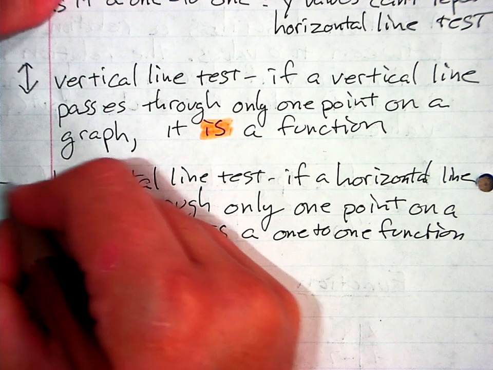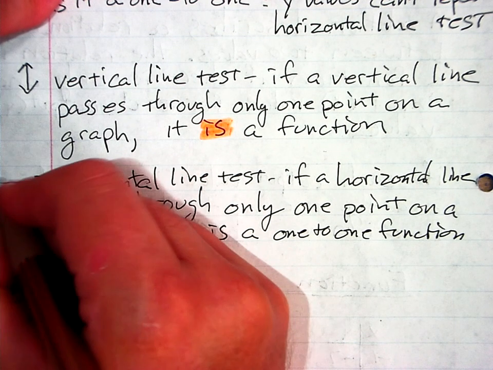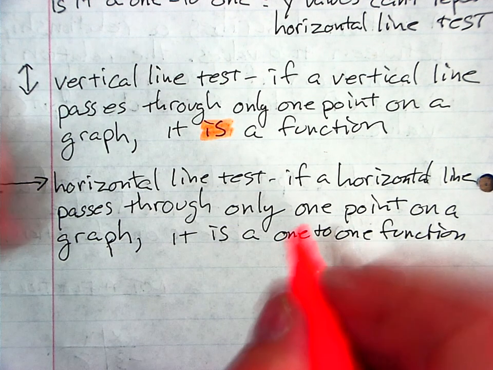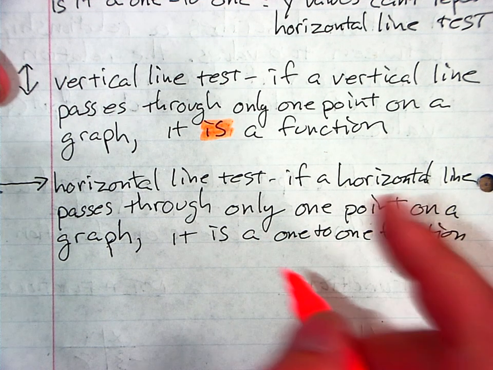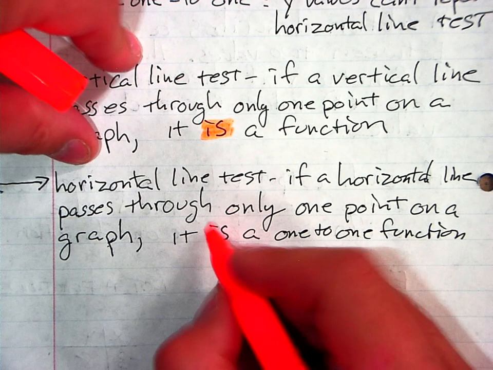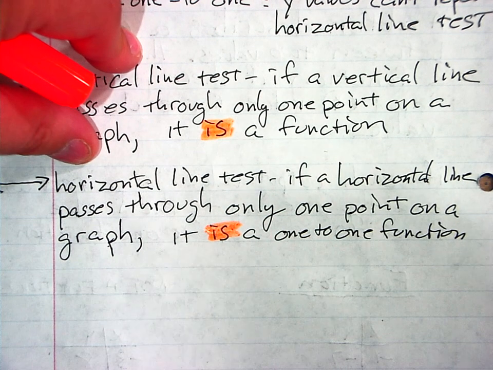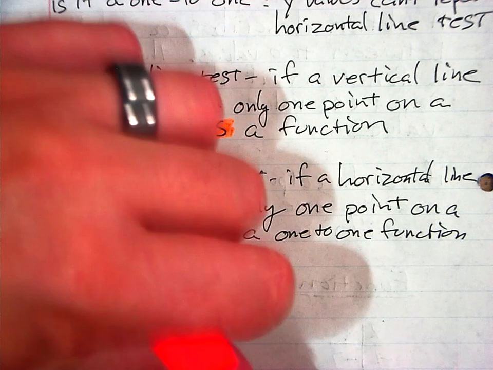So once again, just so I don't get confused, I'm going to write a horizontal line like horizon. The horizon goes east and west, or left to right. I misspoke, it's left to right. It is a one-to-one function.